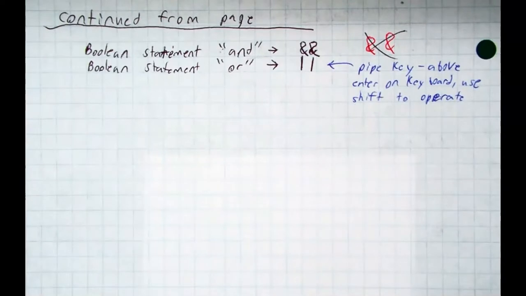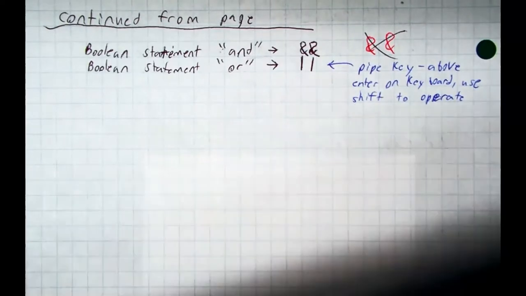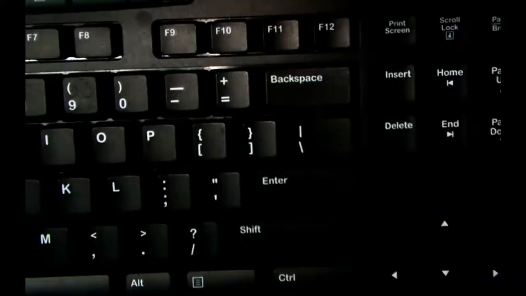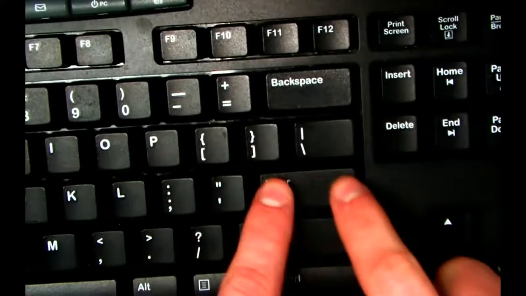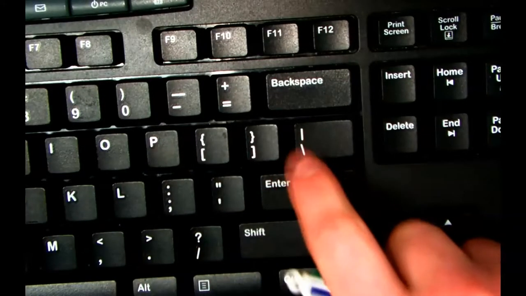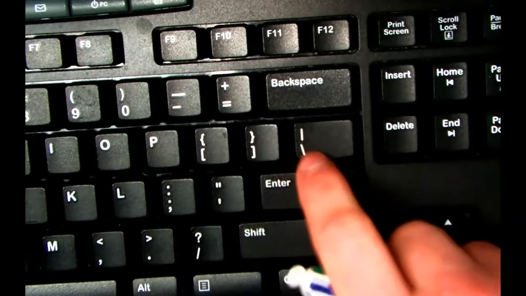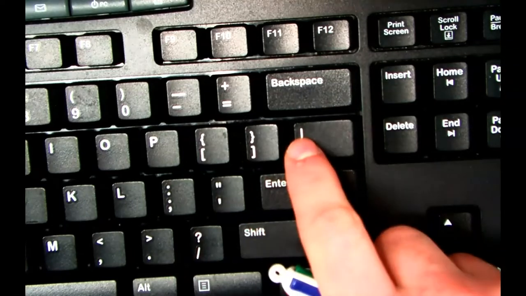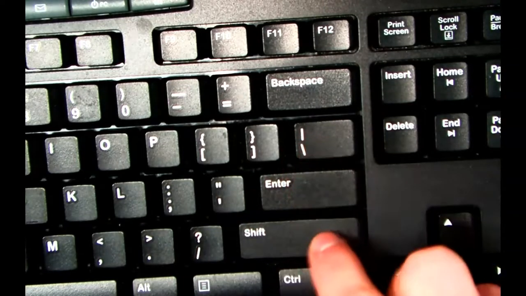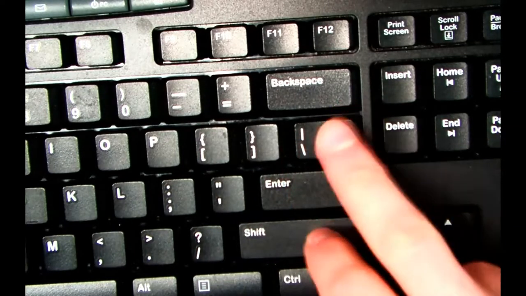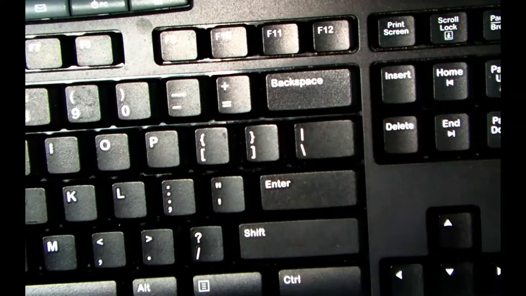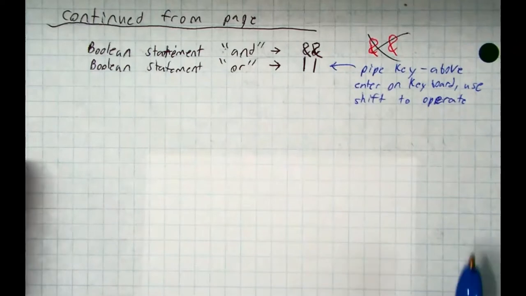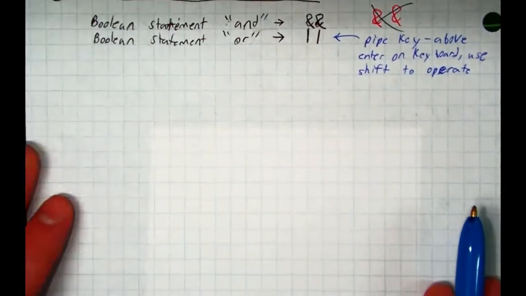So if you look at a keyboard, you look at the enter button right here, you see it has that other kind of slash. Above it is that vertical line. That's the pipe key. You use shift to hit it. Clear as mud.